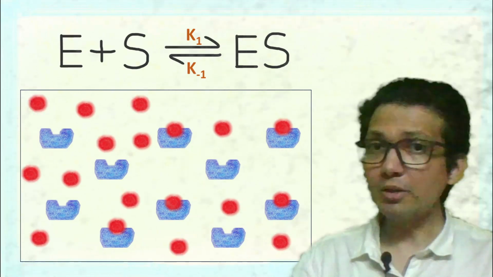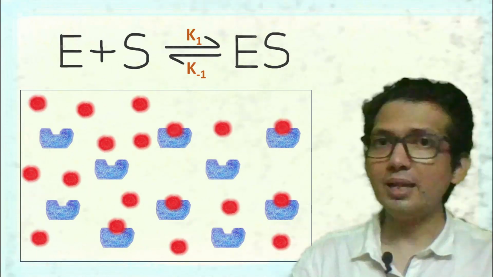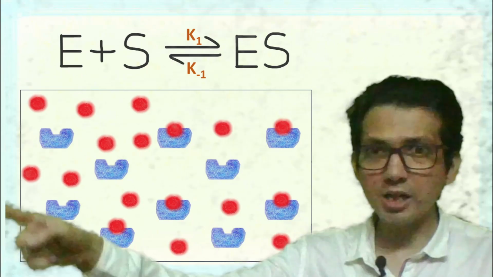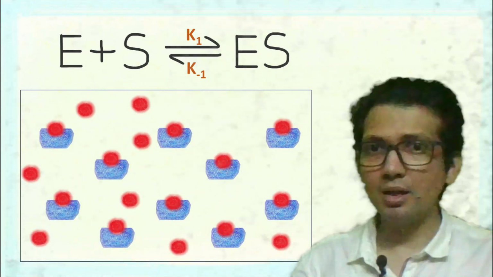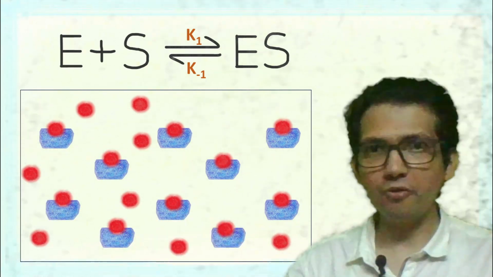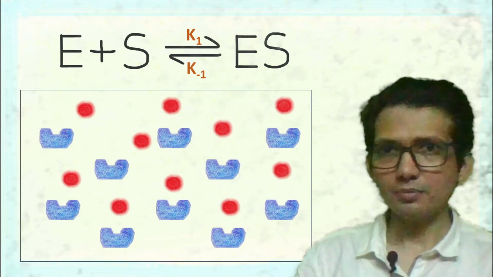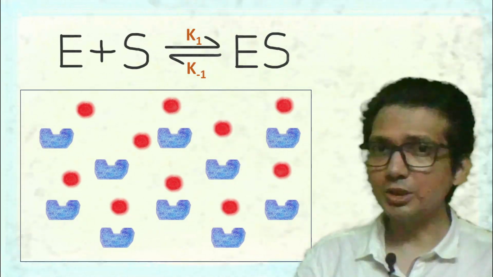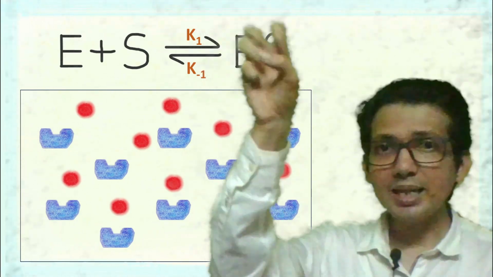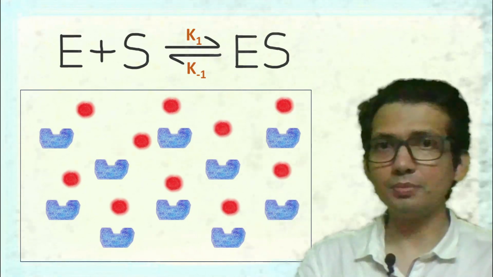Now, if you increase the substrate concentration, then more substrate will react with enzyme and form more ES. So the reaction goes in forward direction. Now let's say a situation where you remove the ES complex from the system.